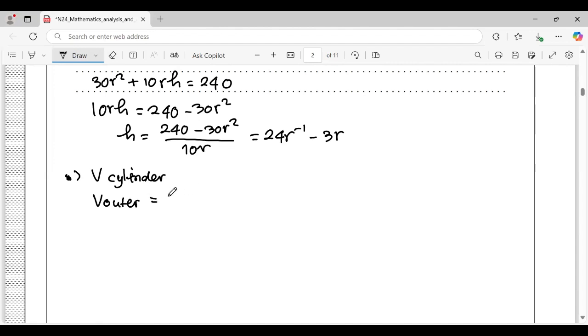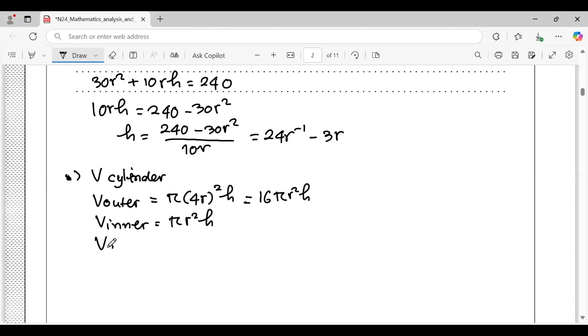Volume outer equal pi 4 r, the radius, times h. This is 16 because of 4 squared, pi r squared h. And then volume of smaller cylinder, volume inner, it means smaller cylinder, pi r squared h.